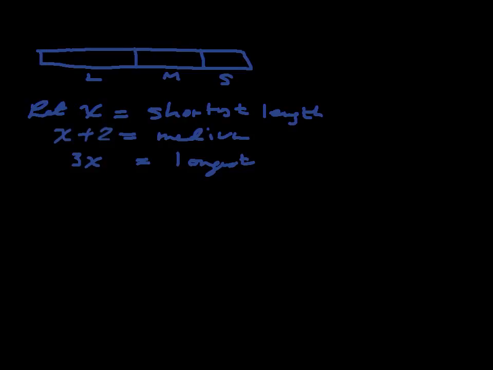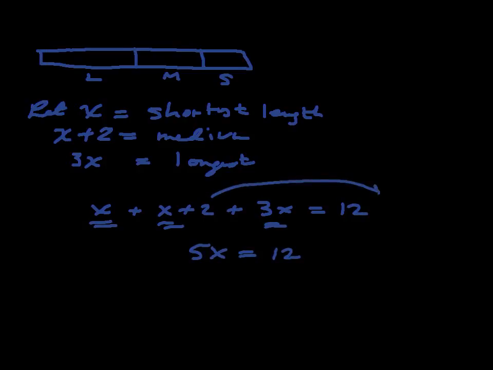Now we do know that all those pieces added together have got to equal 12 feet. So we can do this pretty quickly, make an equation, and solve. I see an X and 3 X's, that's 5X, and I see a 2. The constant is going to move to the other side and become an opposite sign. 5X is going to equal 10.